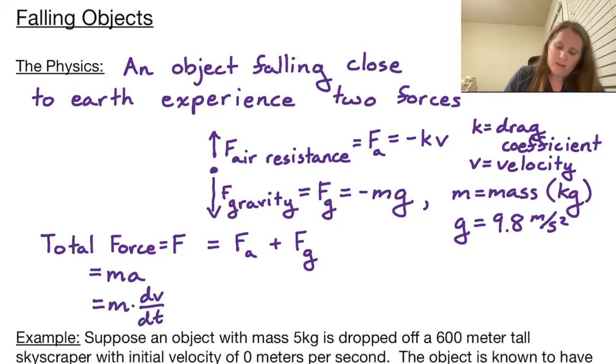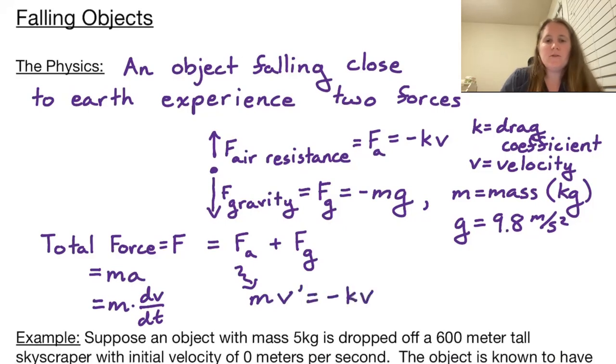So this formula gives us mass times the derivative of velocity is equal to negative kv, there's our force due to air resistance, minus m times g. So we have a differential equation that fell out of our various forces acting on our object.